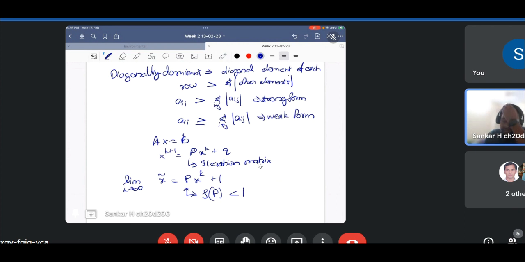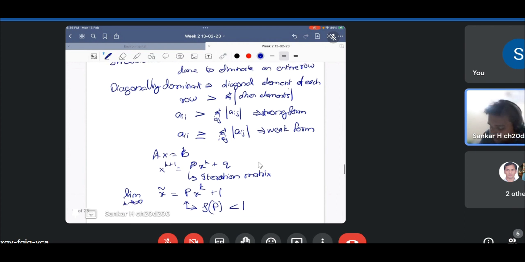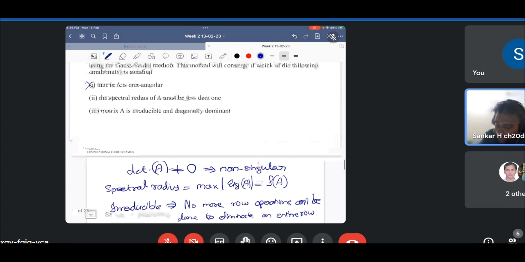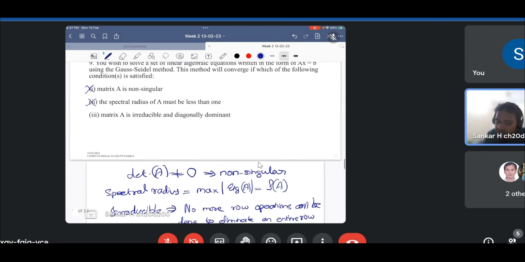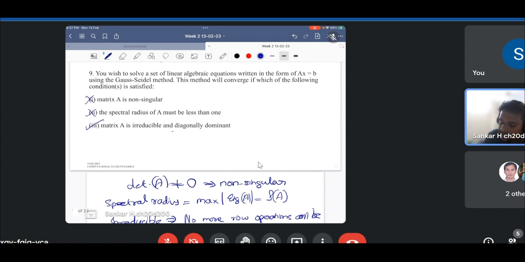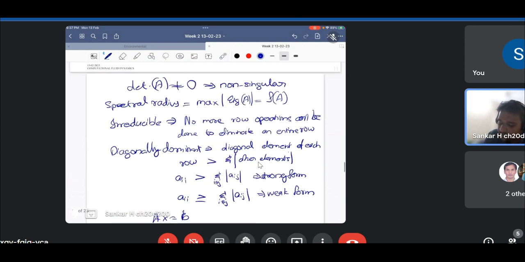It's not the spectral radius of A; it should be the spectral radius of P that must be less than 1 for the method to converge. And matrix A being irreducible and diagonally dominant is a condition for the system to converge.